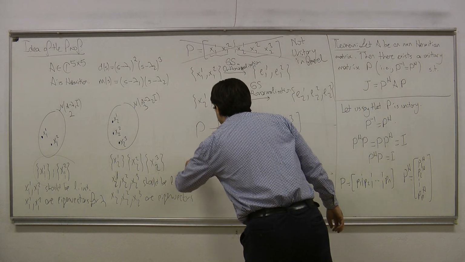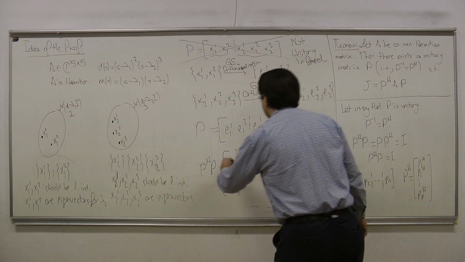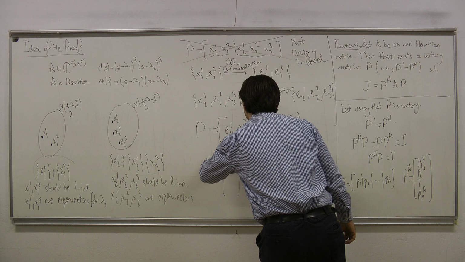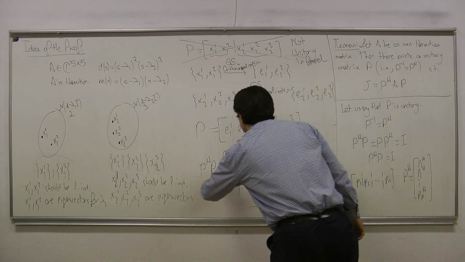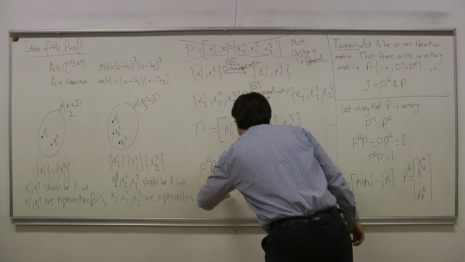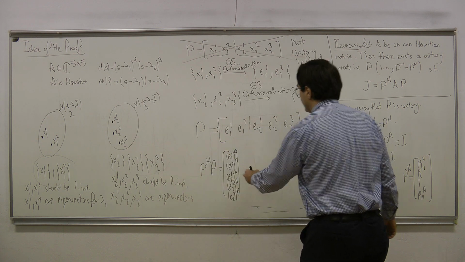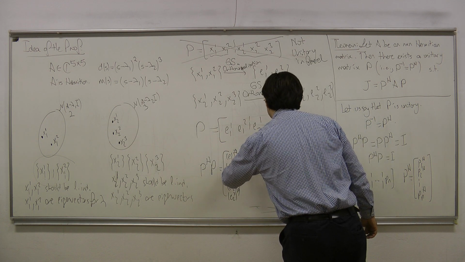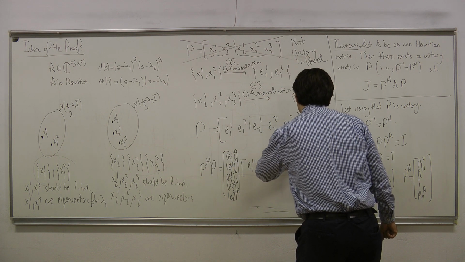Okay? Then when I look at P Hermitian P, I would have the following matrix: E11 Hermitian, E12 Hermitian, this is P Hermitian, and E21 Hermitian, E22 Hermitian, and E23 Hermitian. Okay, this is P Hermitian, and P itself is E11, E12, E21, E22, E23.